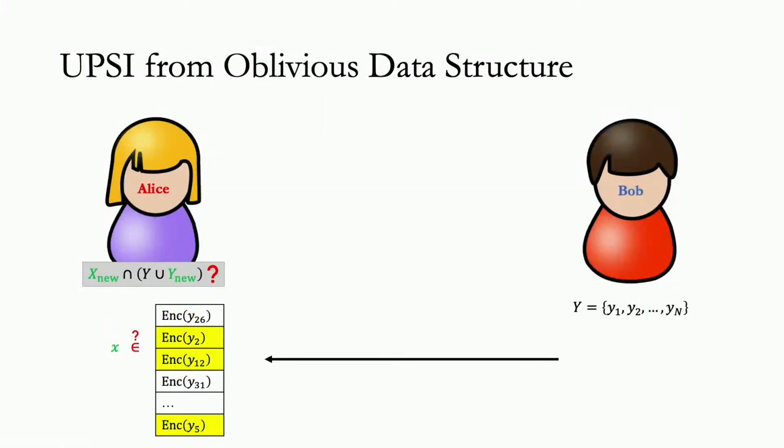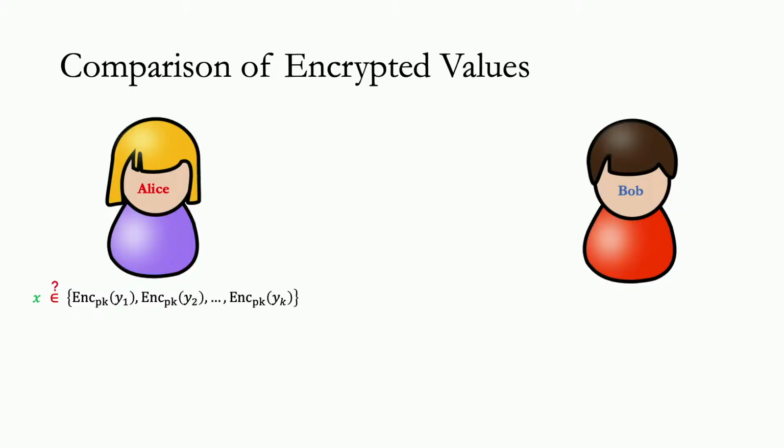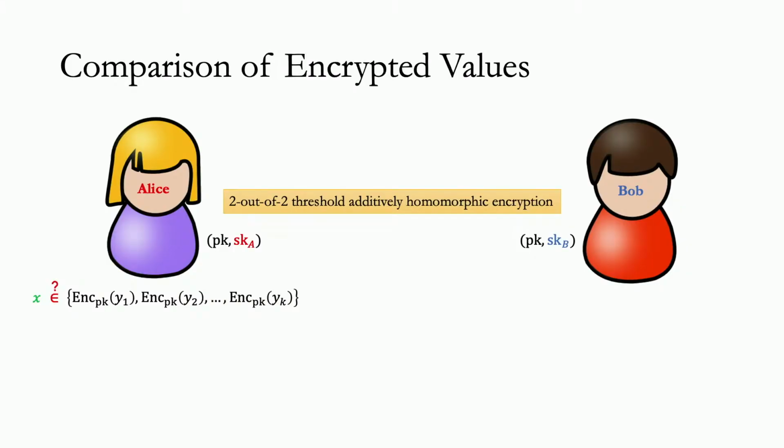Then all that you need to do is to compare X with a small number of encrypted elements. And this can be done easily using 2-out-of-2 threshold additively homomorphic encryption, where the public key is known to both parties, and the secret key is secret shared between the two parties. Each party only has a partial secret key.